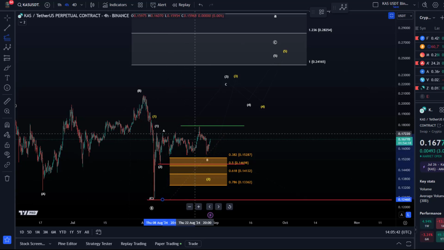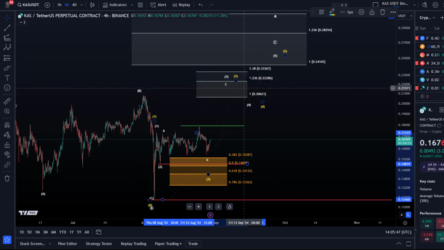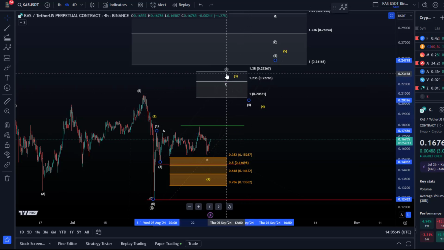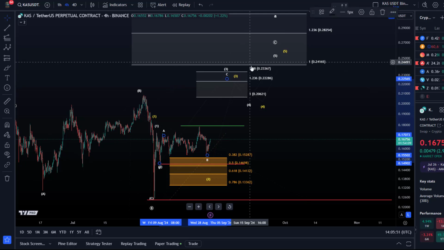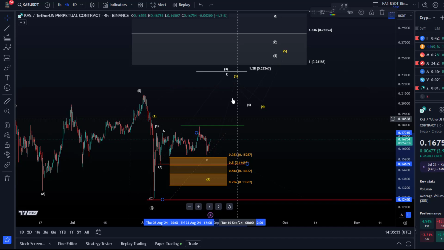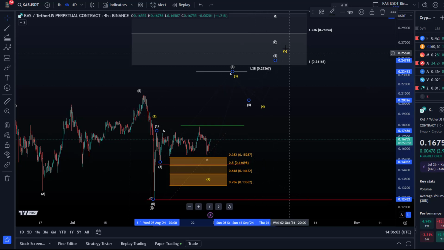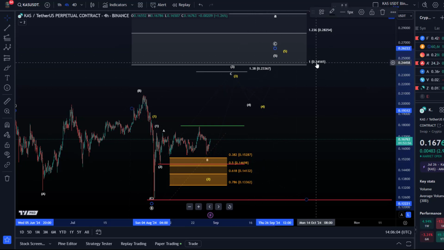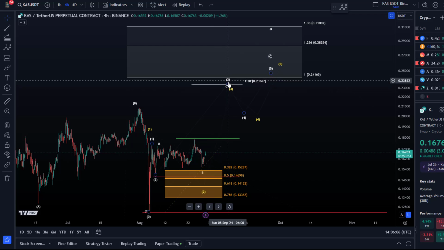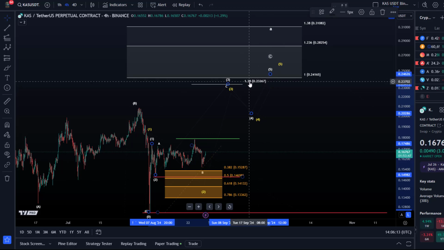So if we say, okay, we have a 1-2 setup, then the third wave should get to 23 cents, which would be ideal, because that's the 1.38 extension. So this is just for the micro third wave here, the next ideal target. But for a C wave, we should get to 24 cents, which kind of makes sense, because if the third wave gets there, it might get rejected for a fourth wave pullback, and the fifth wave could then send us to 24 cents plus.